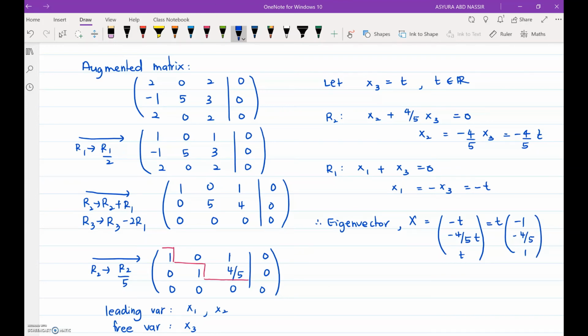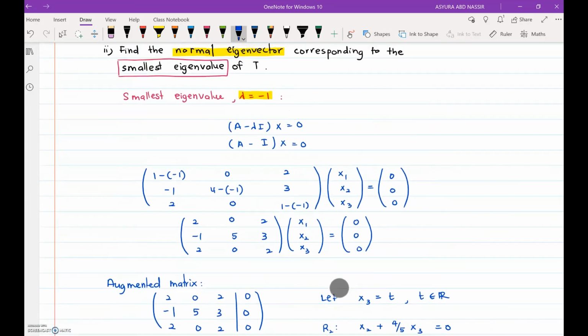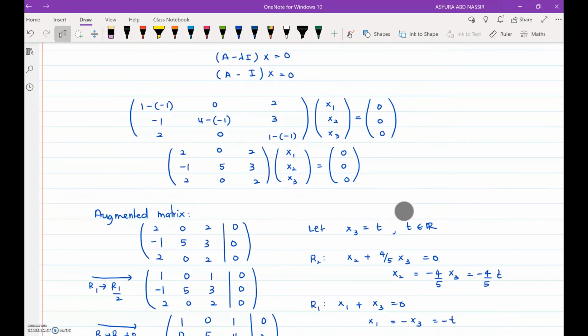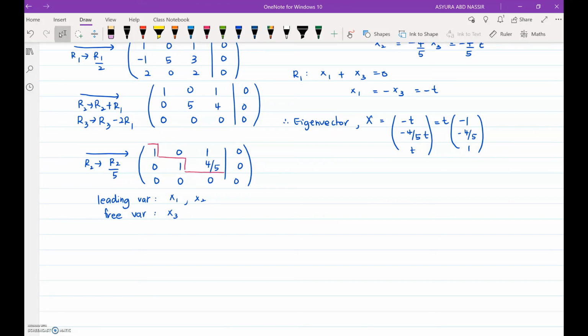Please remember the question asked you to find the normal eigenvector. To find the normal eigenvector you need to find the magnitude. The formula of the normal eigenvector is u equals x divided by magnitude of x, or you can also write it as 1 over magnitude of x times vector x.